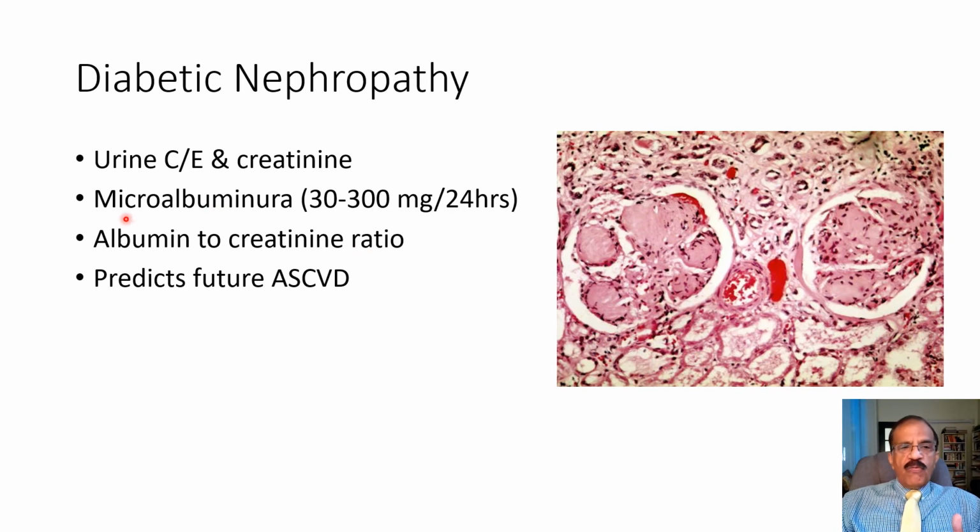So we get a warning 10 years before some major complication is going to develop. I think we should make use of this information, and every patient should be tested for microalbuminuria. If this person has microalbuminuria, then not only do you intensify his glycemic control, you also revisit his associated conditions which contribute to atherosclerotic cardiovascular disease, so that we can address them and prevent these complications in future.